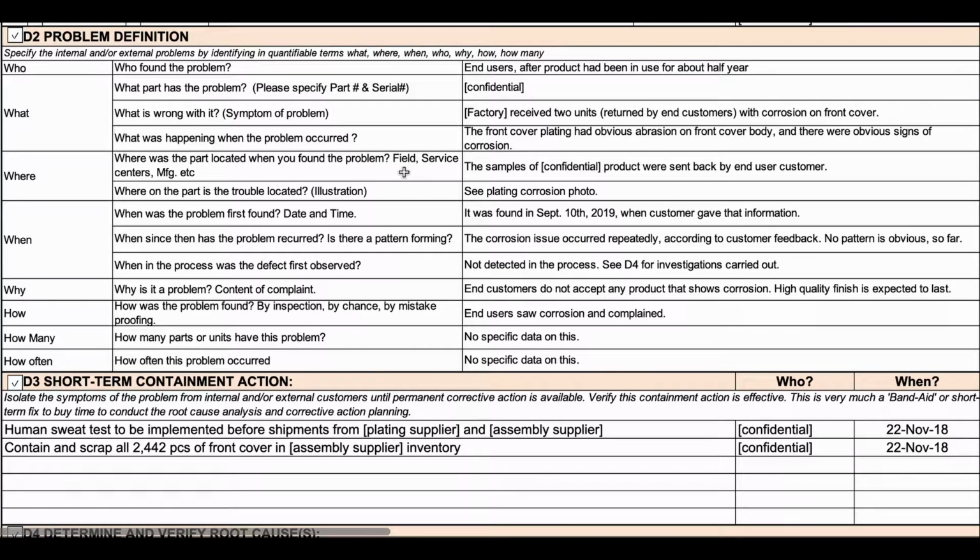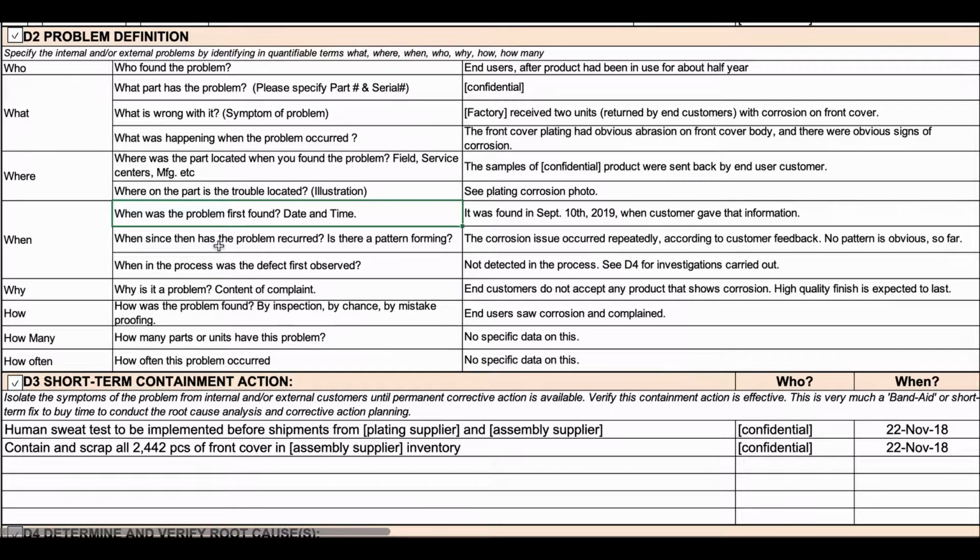In this case, field, but it could be found in a testing station. It could be found in a lot of steps inside the process. And where on the part is it located? See photos. Very often, it's good to show photos or videos so people really get it.